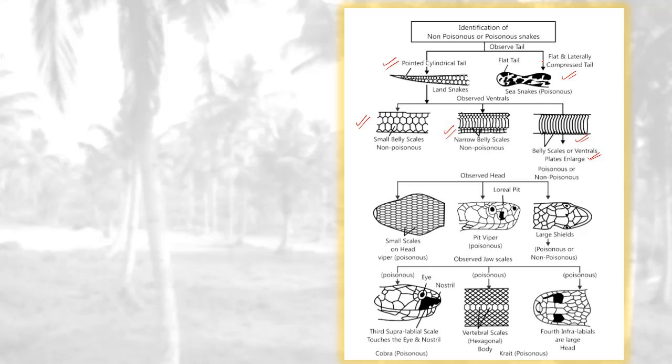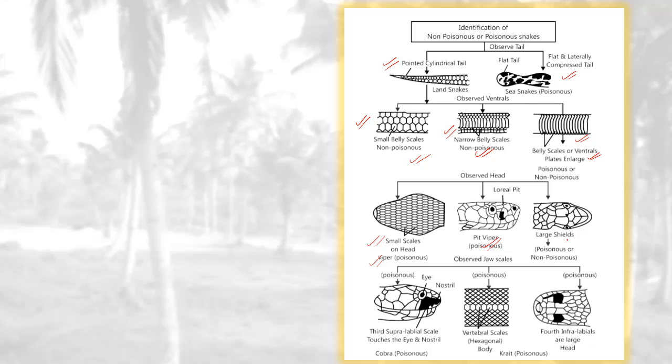The belly scales in non-poisonous snakes are small and narrow. You can see narrow belly scales, non-poisonous. Now observe the head. Small scales on the head in the case of poisonous snakes. Pit viper, which acts as a thermoreceptor, is also a poisonous snake.